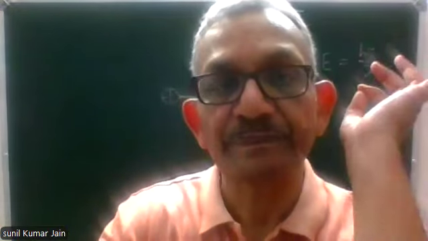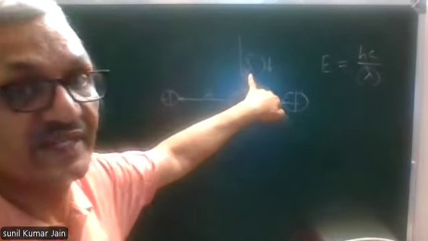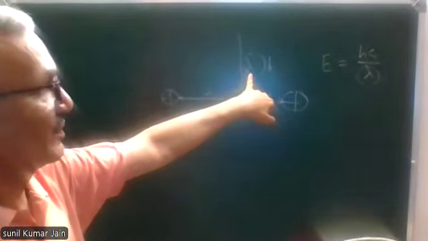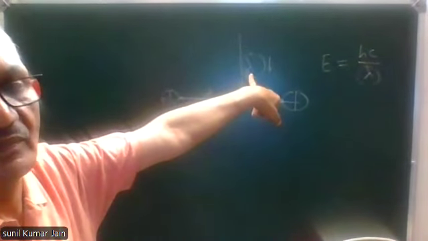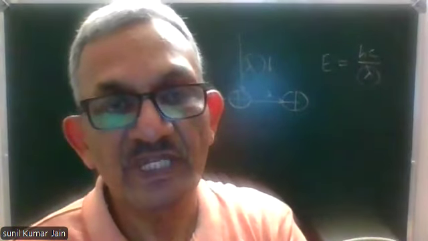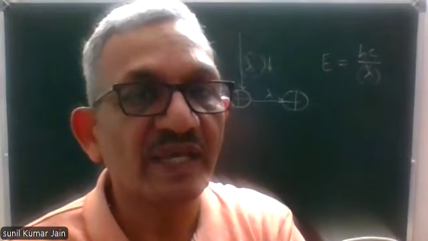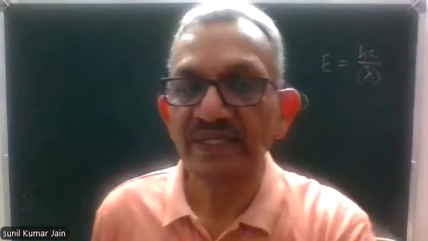Write down: radiation of wavelength lambda is used to see the electron and determine its position.